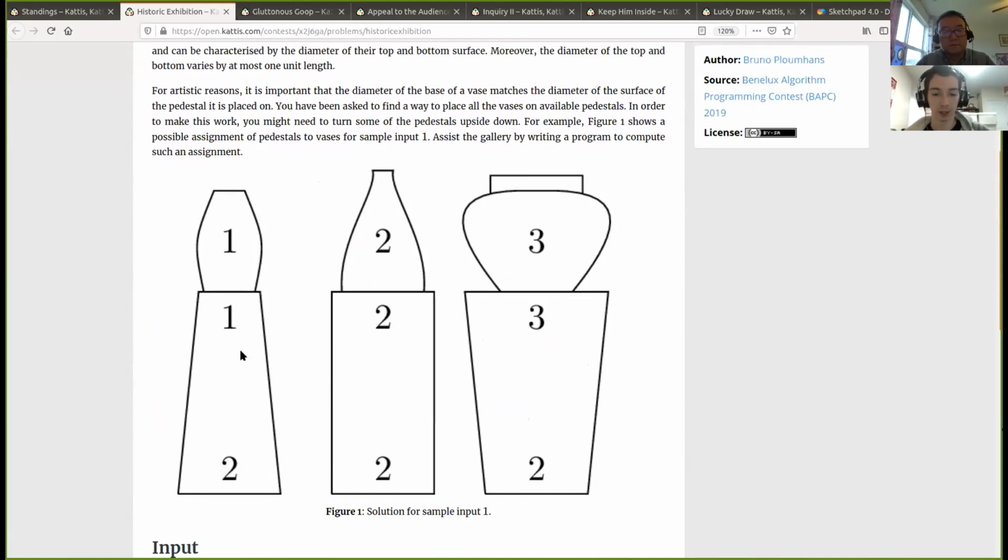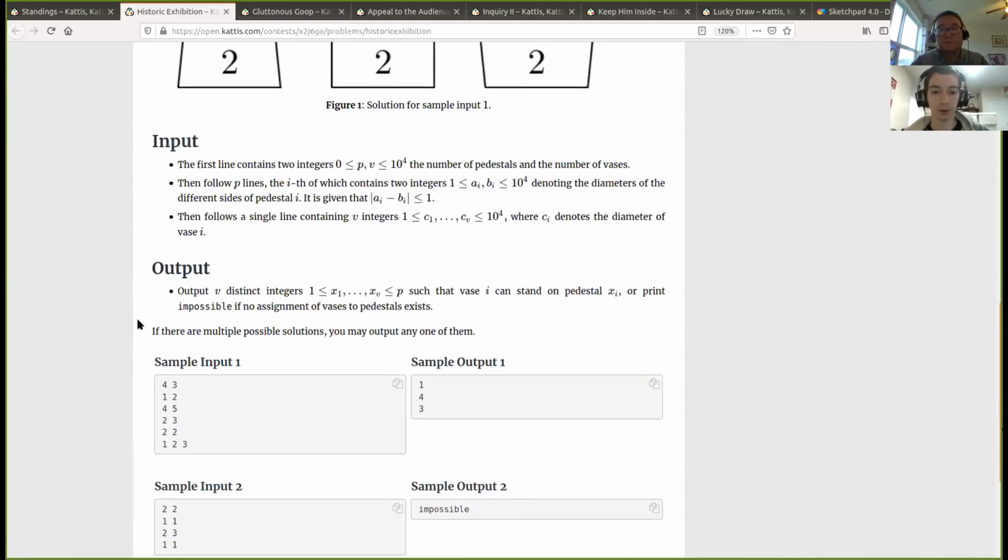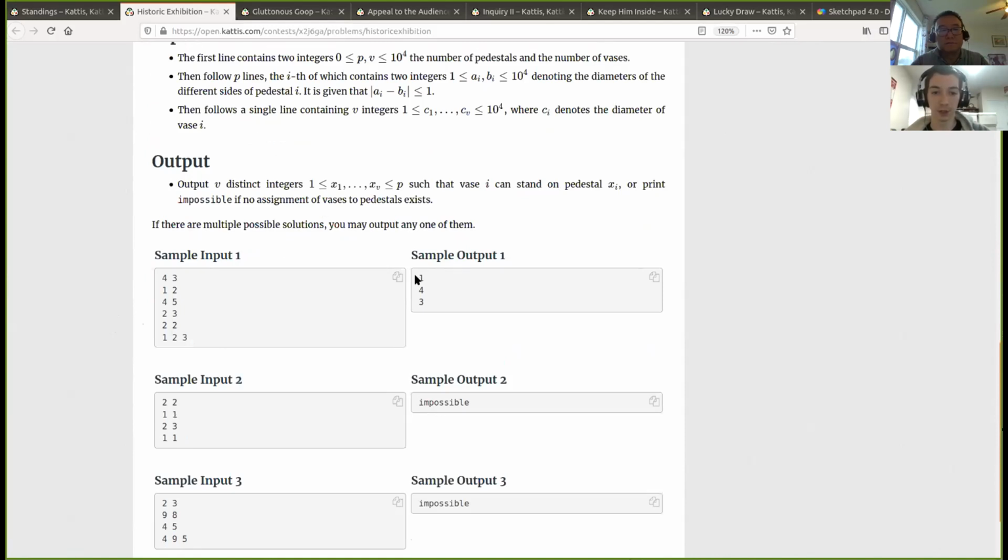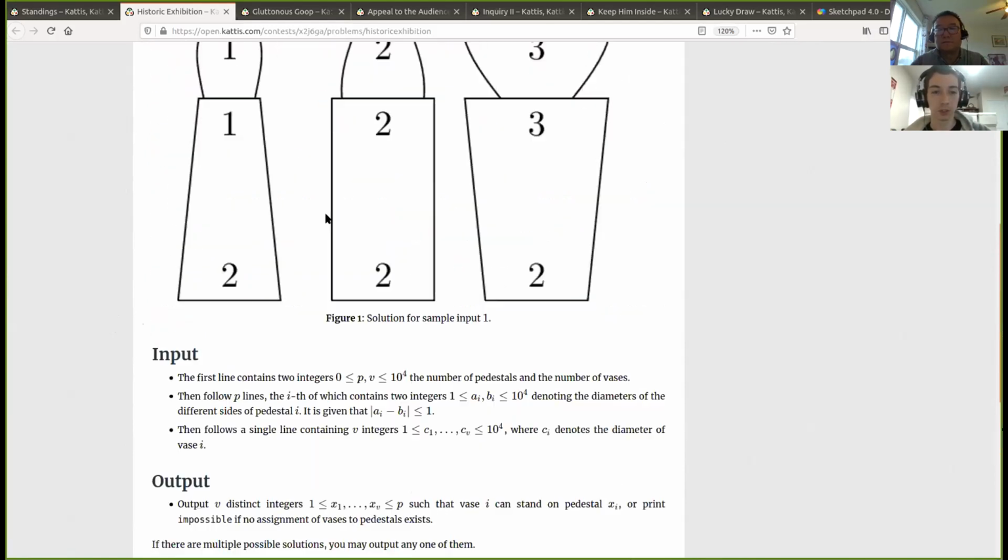They differ by at most one. What you have to do is place a vase on a surface that has the exact same width. For each pedestal, you have to choose whether to put it right side up or upside down. So you have to figure out if it's possible, and if it is, you have to figure out for each vase which pedestal to put it on.